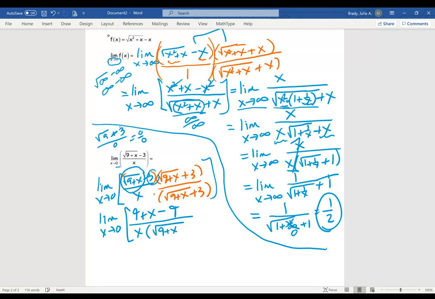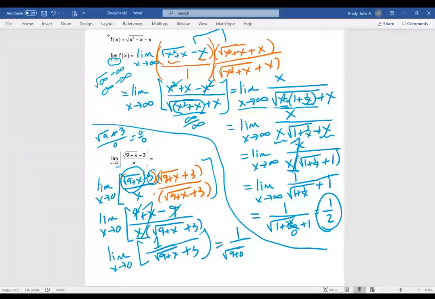Why is this nice? Yes, those cancel out, and this reduces to 1. So we've got the limit as x goes to 0 of 1 over the square root of 9 plus x, then add 3. I think we can evaluate that. It's 1 over the square root of 9 plus 0, plus 3.